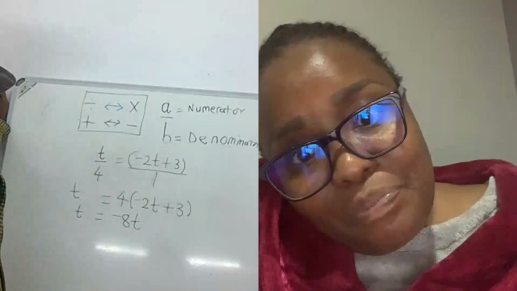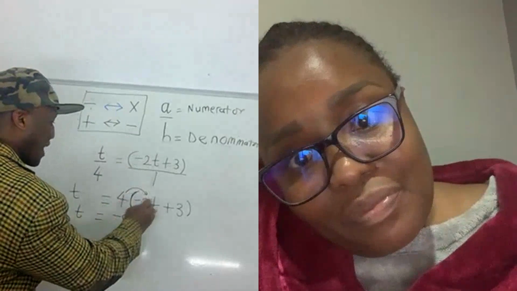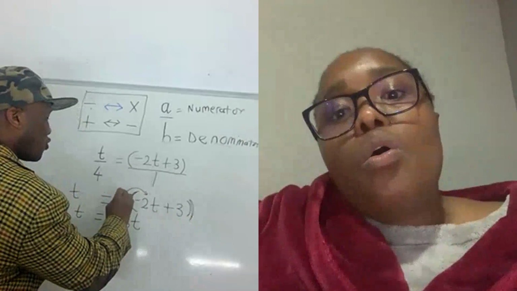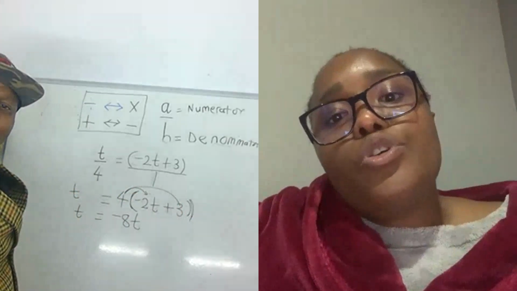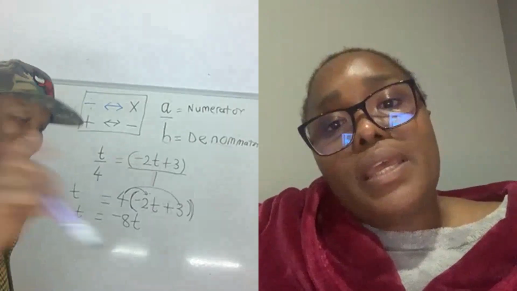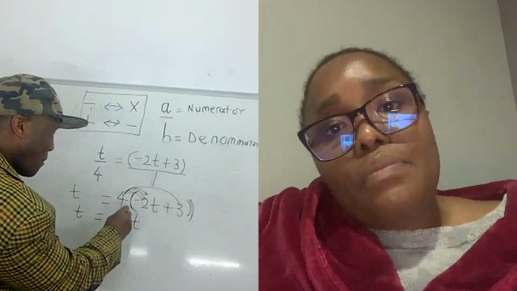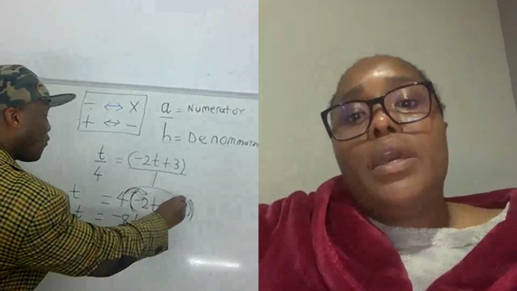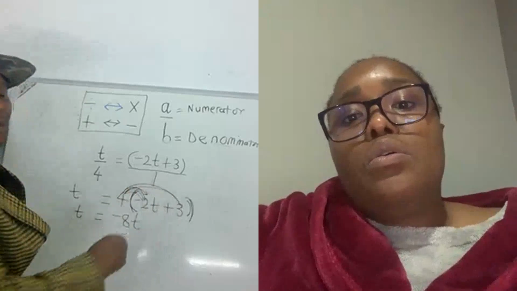Plus 3. No, when you open the bracket, you do it for both. Remember, this bracket is for both. What you did here, you do for the second one. How did you get this negative 8t? You multiply, right? But you must do it for both, not for one: for here and for the second number.